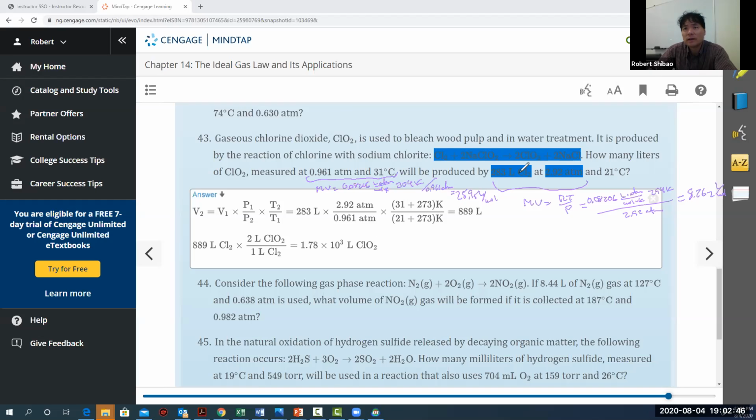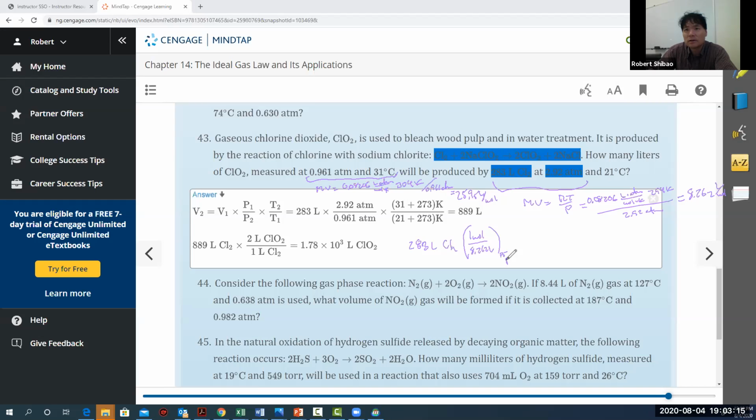And so the way I do it is just the standard stoichiometry: 283 liters of chlorine. Then convert that straight to moles. 1 mole is 8.262 liters. This is PT, let's call it PTR for the reactants.